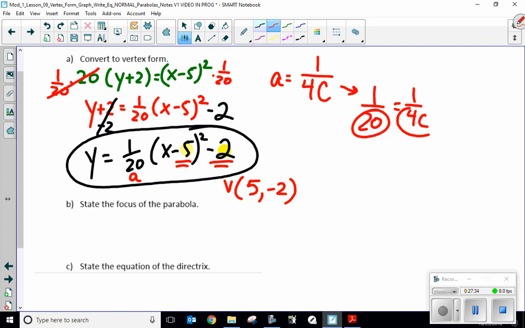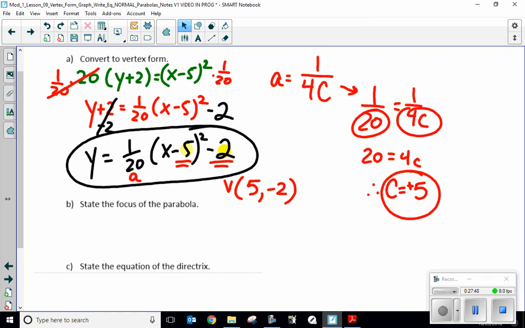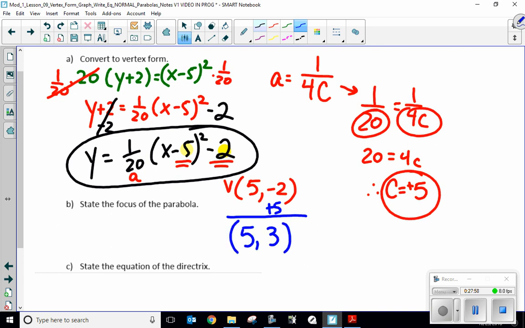These two need to be equal. 20 equals 4 times c. Therefore, c equals positive 5. That's the distance from my vertex to my focus. So I add 5 to my y because I'm going up 5. And my focus is 5, 3.